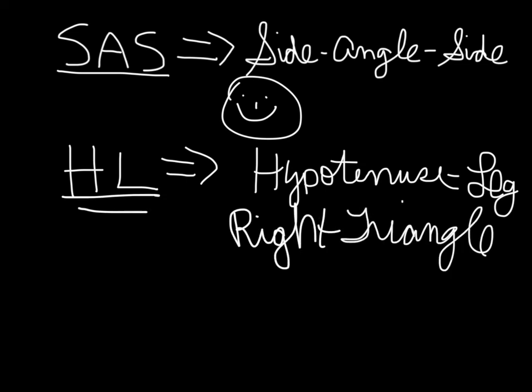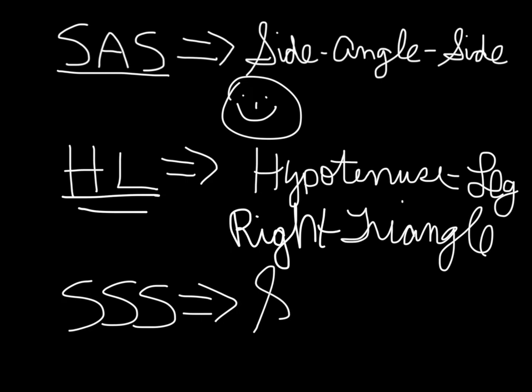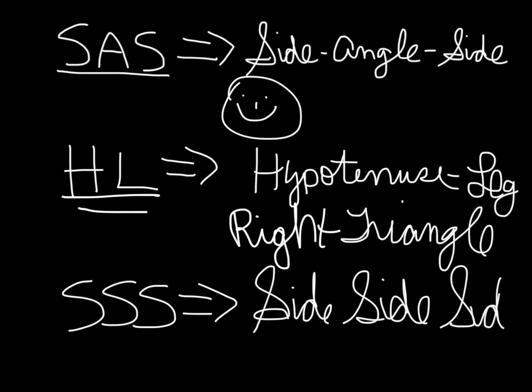And that the postulate that we used before this lesson was SSS, which means side, side, side. Those are the three postulates that we've learned so far to prove two triangles are congruent. That's what I would know for a quiz. These three things right here, I would know for sure.